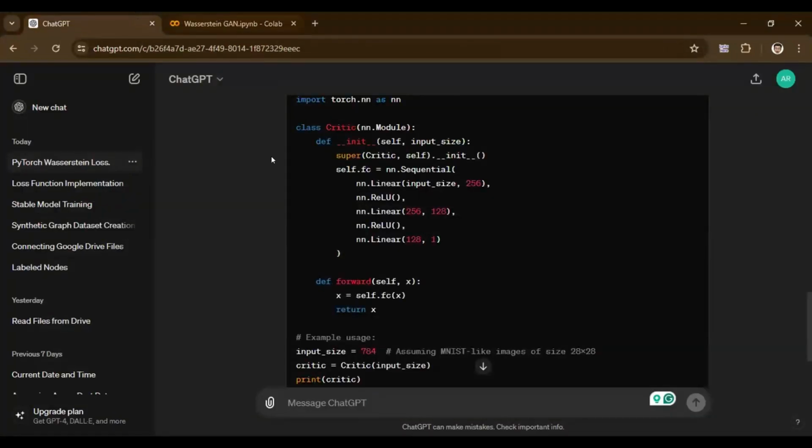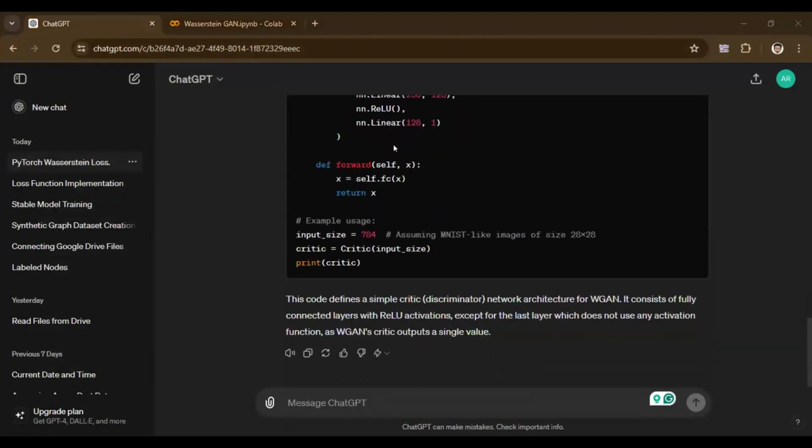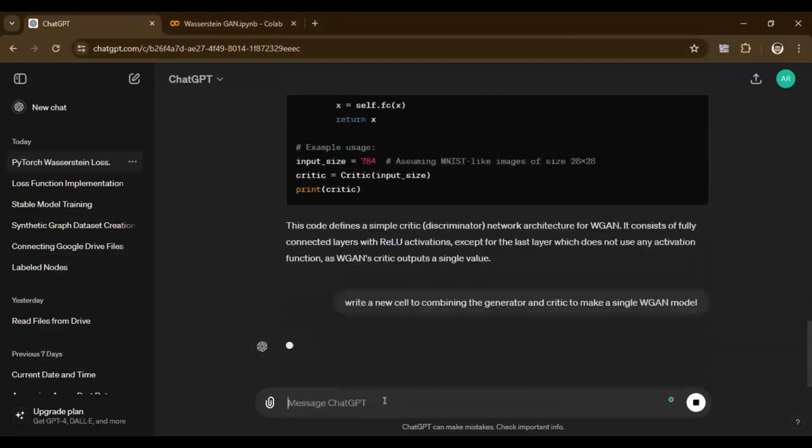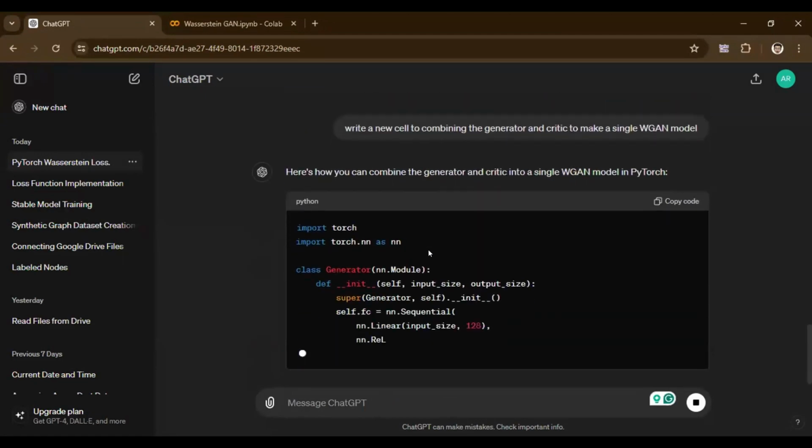Like before, we will combine the two architectures into a single WGAN model. We ask GPT to write a new cell combining the generator and critic to make a single WGAN model. Let's see.